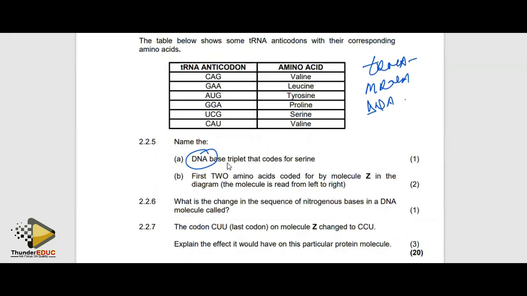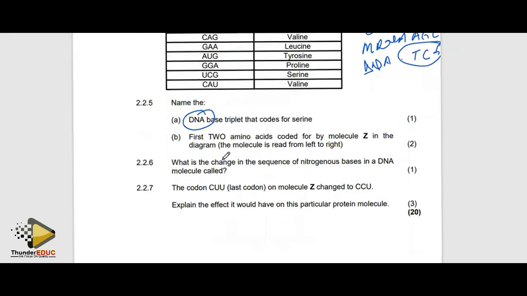If it is tRNA, it is saying serine is UCG, so U goes with A, C goes with G, and G goes with C. So it's going to be TCG. That is the code for DNA. So it means that you have to convert it two times.